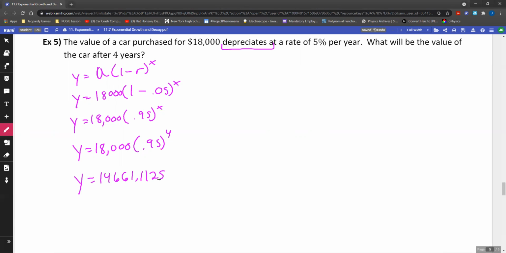They don't say what they want it rounded to, but since it's a money value, I'm going to round it to the nearest cent. So I'm going to round that second digit, since there's a 2 to the right. It becomes 14,661.11.